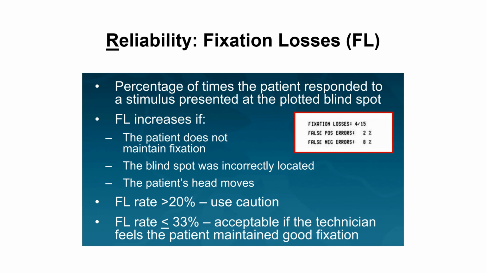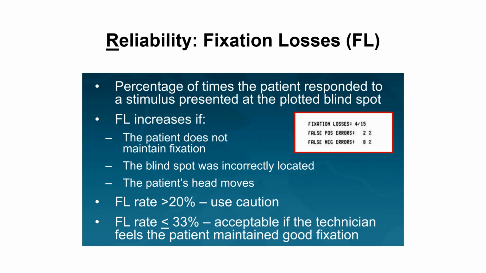Because if you locate the blind spot incorrectly at the beginning of the test, the fixation loss measurements will be unreliable. And you should use caution when you see a fixation loss rate more than 20%, and if you see a fixation loss rate more than 33%, this is an unreliable test.